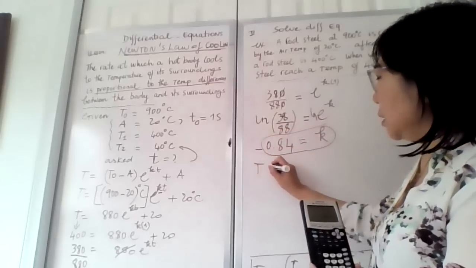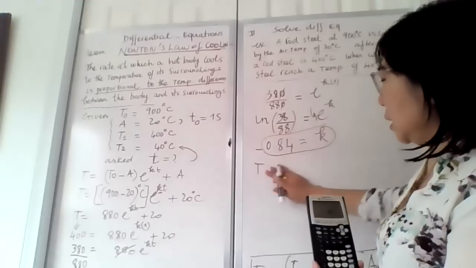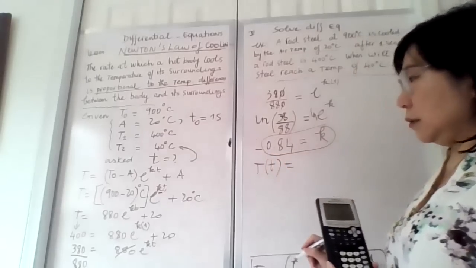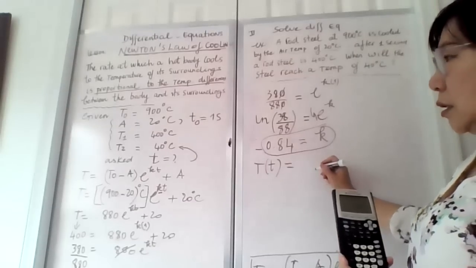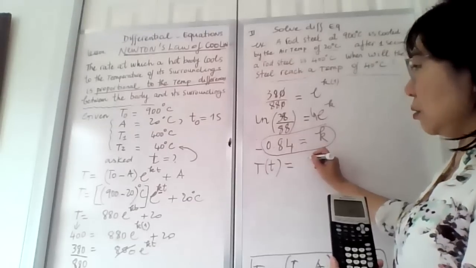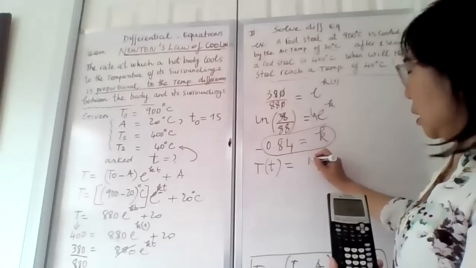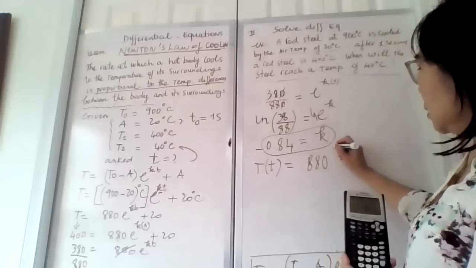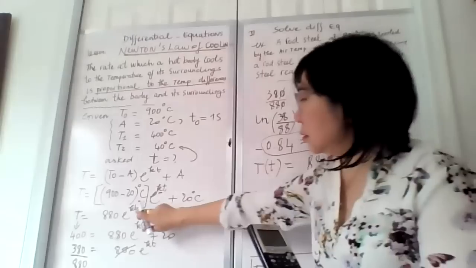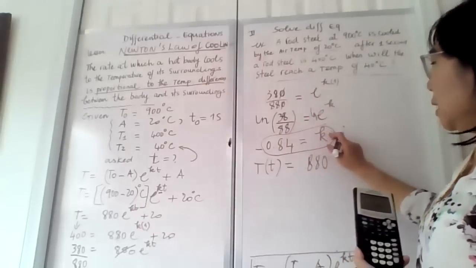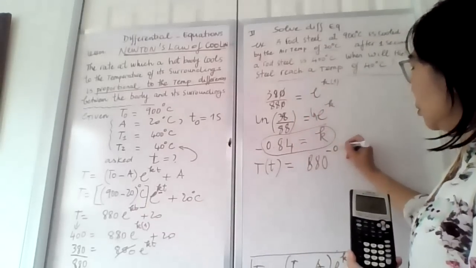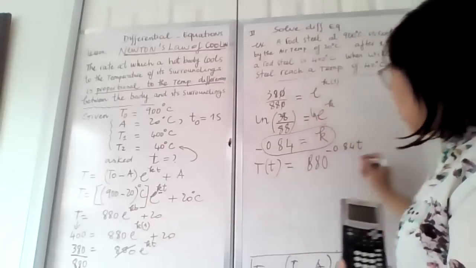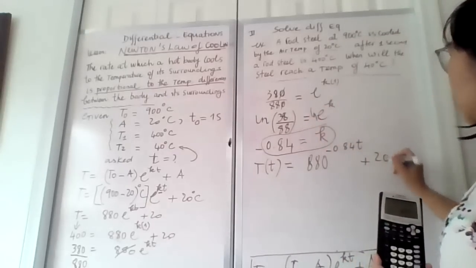So let's look back at the equation. Maybe I can write it like this, to look more like a function. Our equation is T equals 880 e^(kt), but the K now is minus 0.84 t, adding 20. That's our equation.